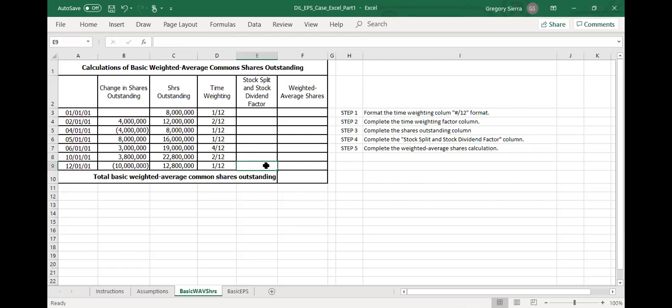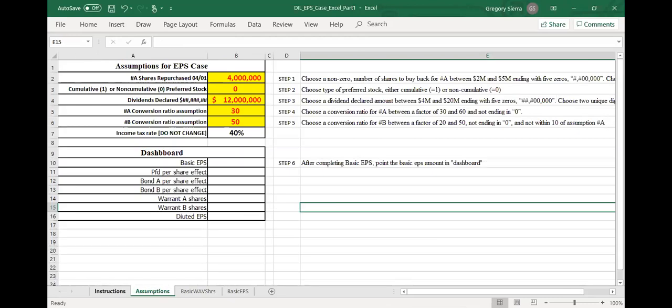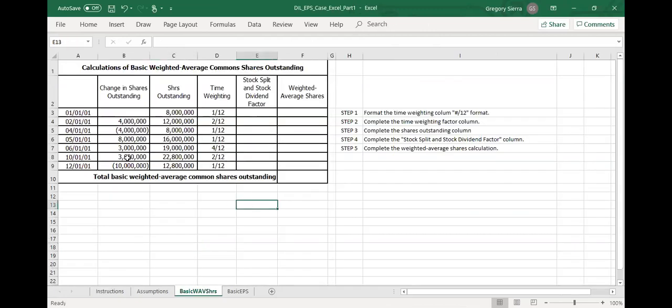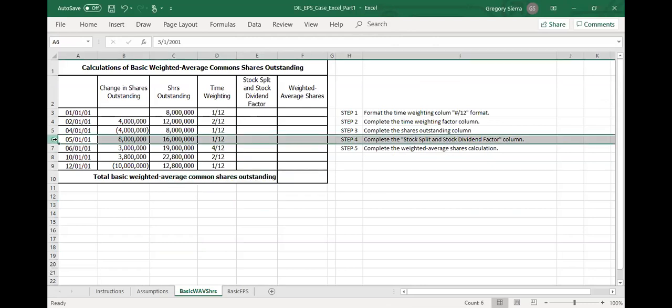Okay, now 2-for-1 split. So here's the rule: every row above the stock split, multiply by the stock split factor. Every row above the stock split, multiply by the stock split factor.